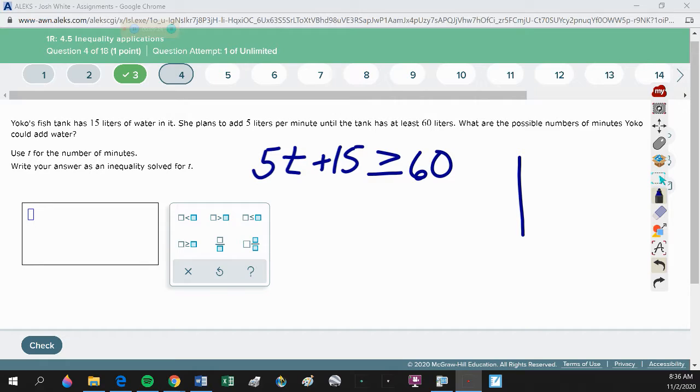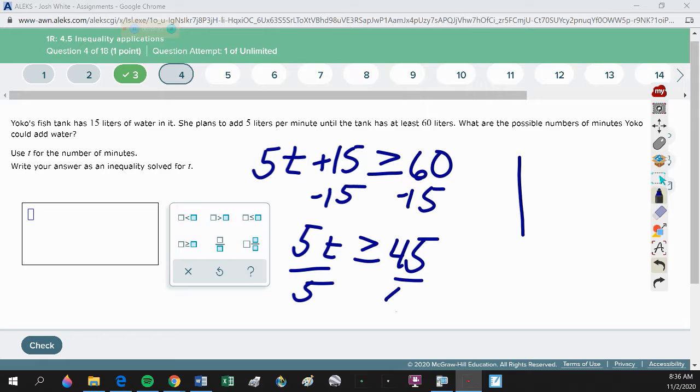And then we would just solve. Subtract 15. 5t is greater than or equal to 45. Divide by 5. And t is greater than or equal to 9. So it's going to take at least 9 minutes.